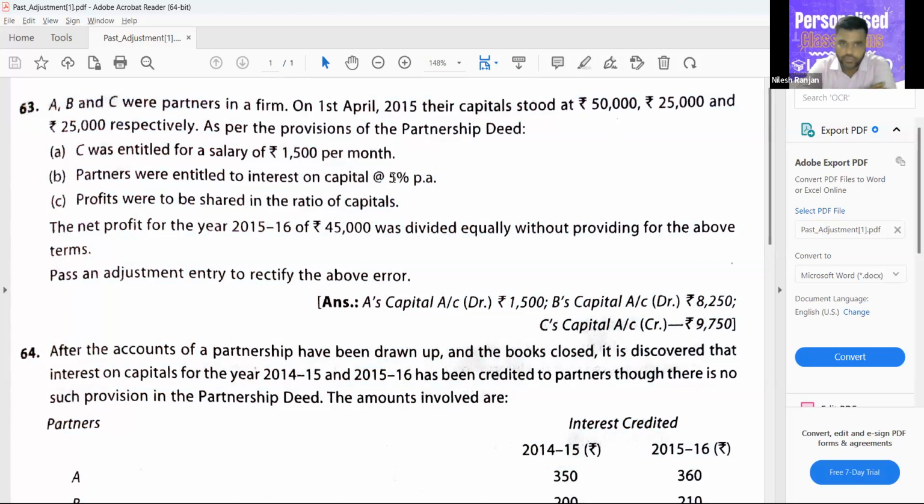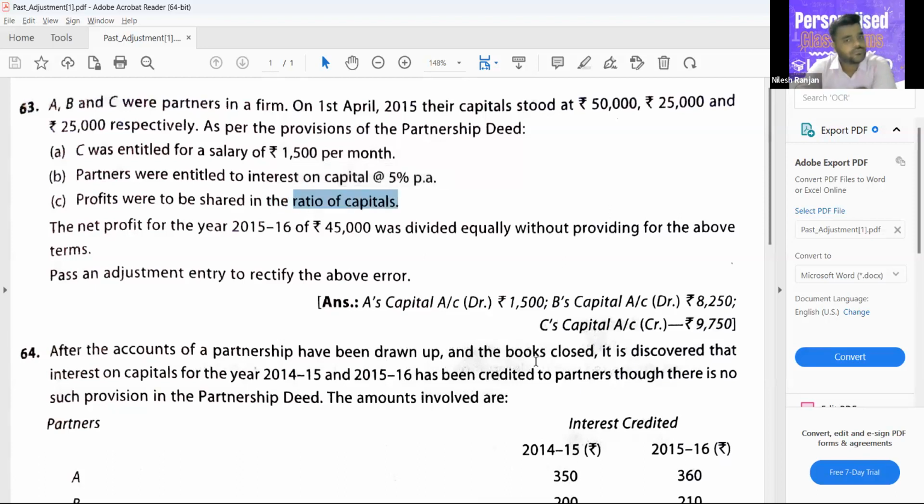After giving these two adjustments, we will calculate the difference in the firm's column, like we have done in the current question. Then we will distribute that difference between partners in the ratio of capital.